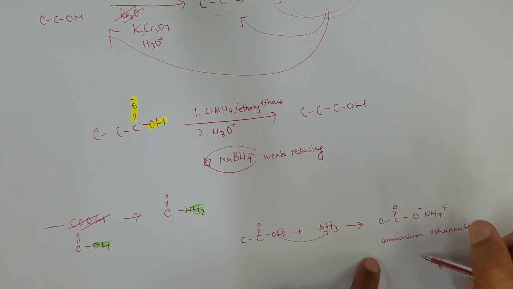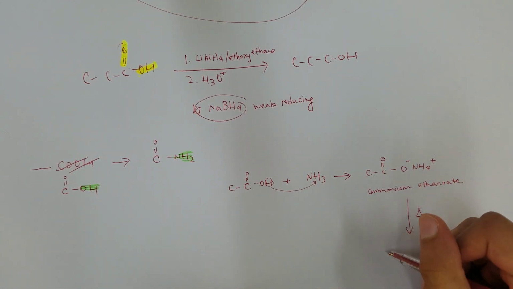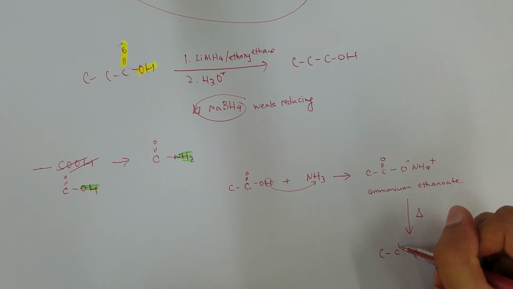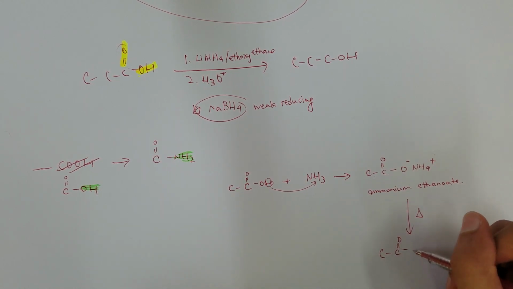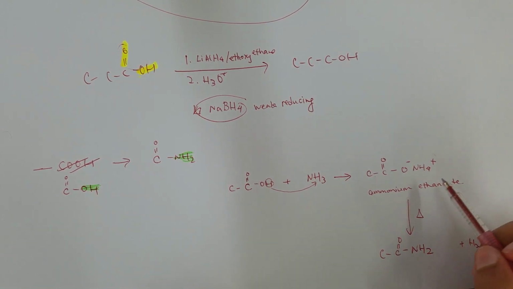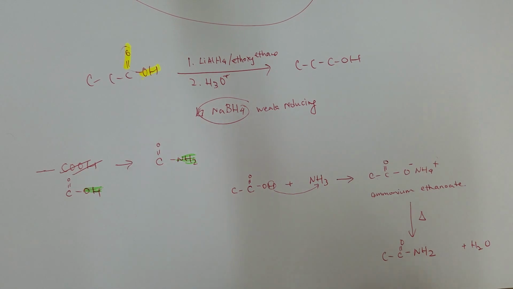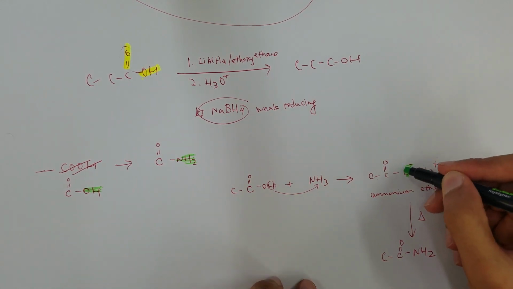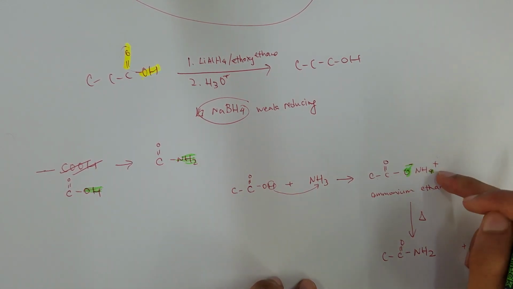Okay, it's a salt. What I do is, if I just heat it, I will get the amide. So this will form NH2, and then plus water. Because you will notice that, why will I get water? We have O, and then we take out how many? 2H.